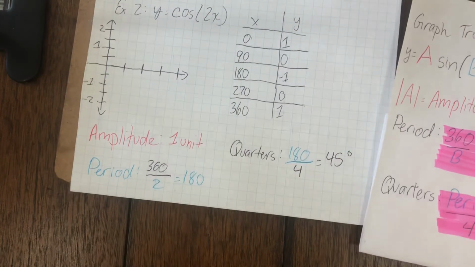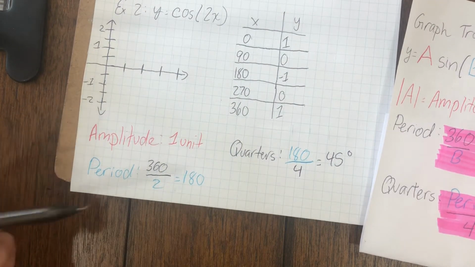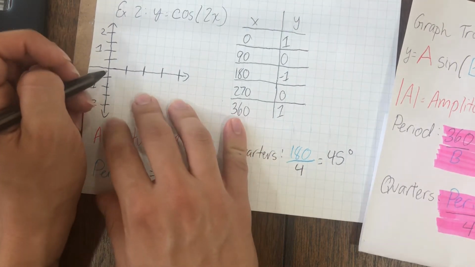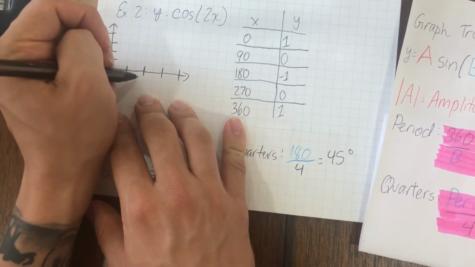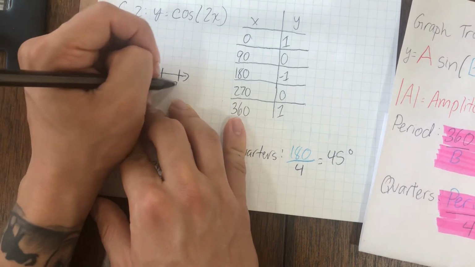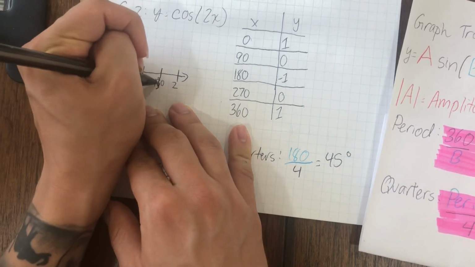All right? So to go from one x value to the next, I'm going to go by 45s. So we're going from 0 to 45, 45 to 90, 90 to 135. My apologies.